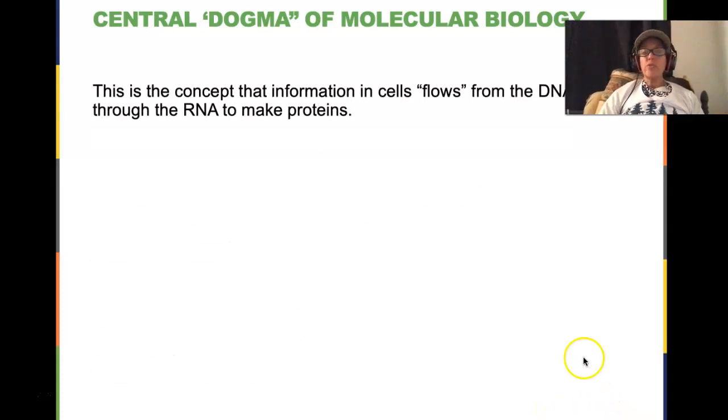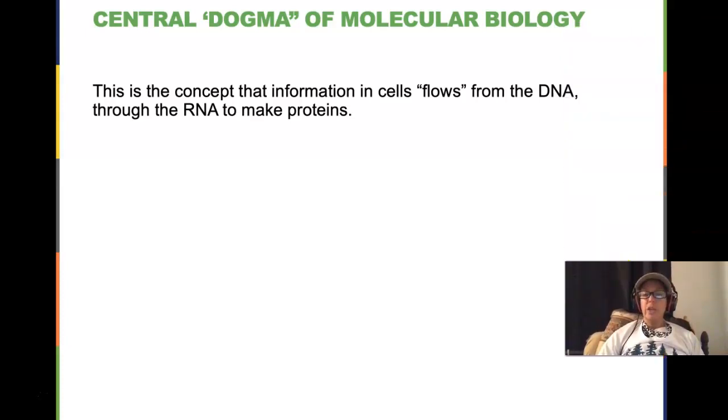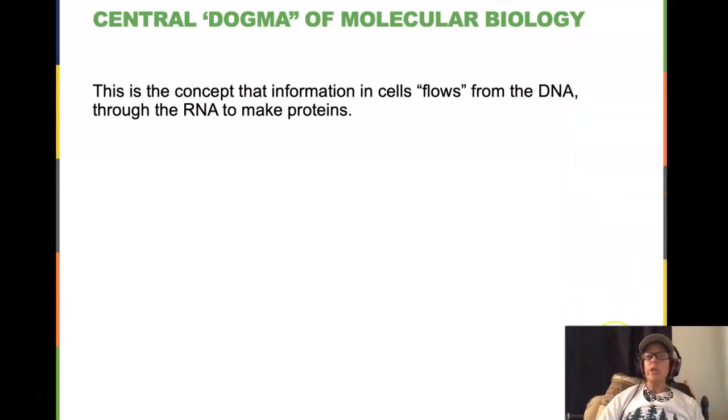So our central dogma of molecular biology, how we currently view the way things work, is the information flow. We have the DNA as the original blueprint, the instruction manual. We have to have the intermediate of the RNA that the cell can then interpret to make proteins.